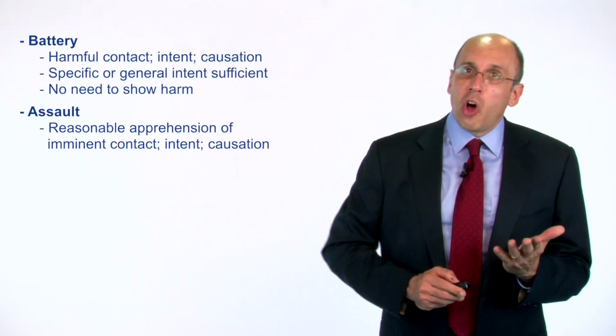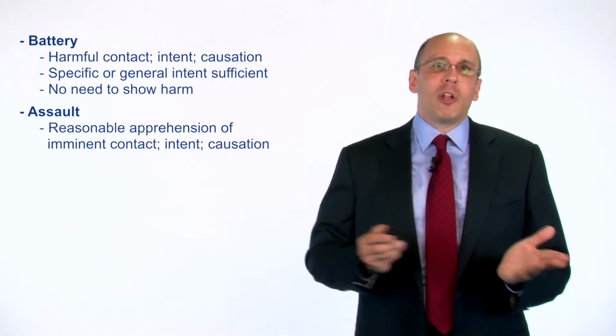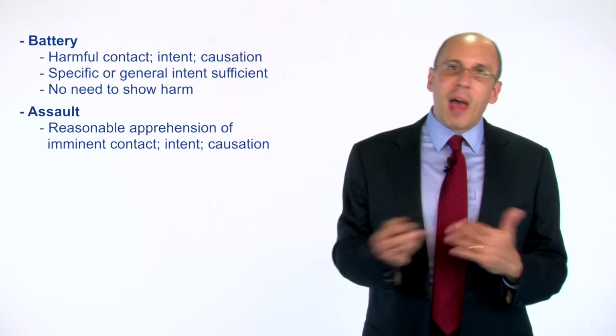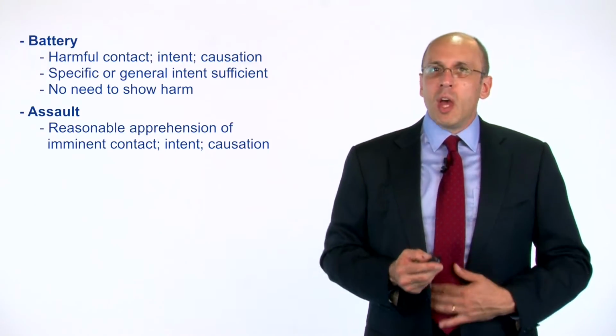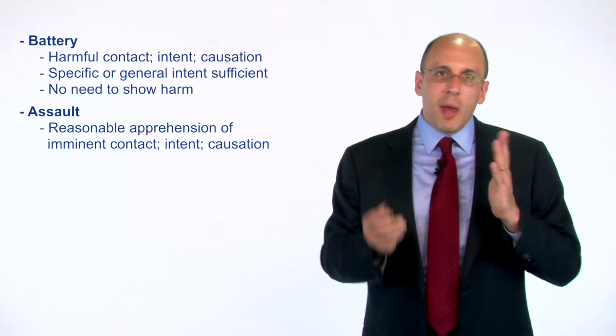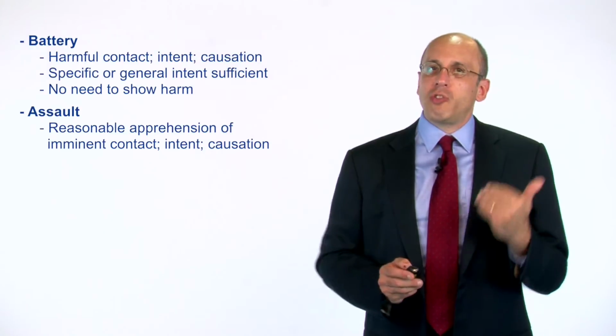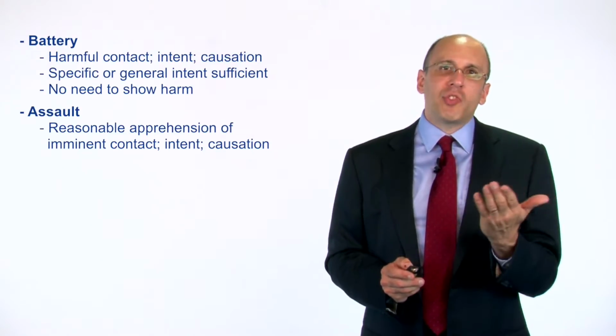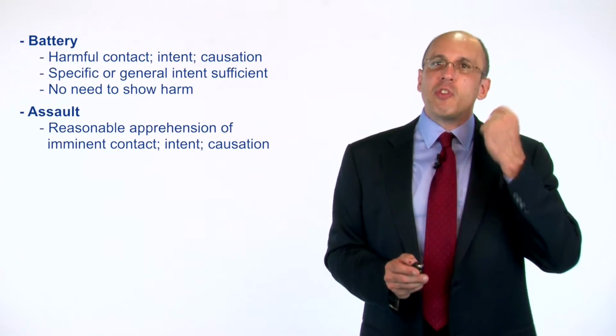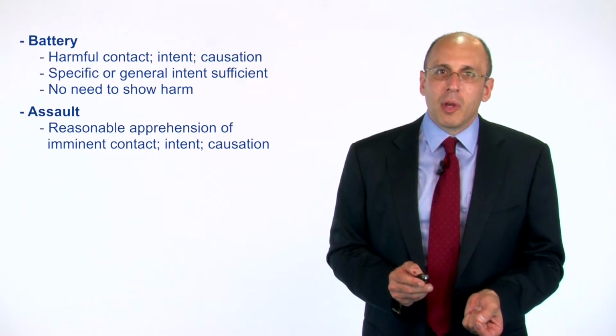Now, there's also assault. And in common parlance, we often refer to assault and battery. You may have heard that phrase, but they actually are two different things. Battery is the actual contact. Assault is just when someone makes someone else fearful that there's about to be contact.